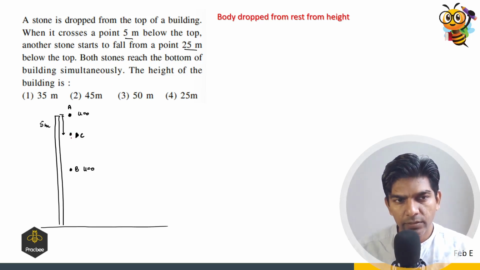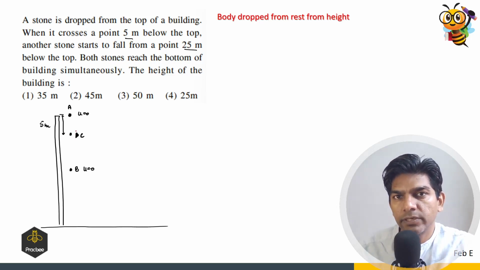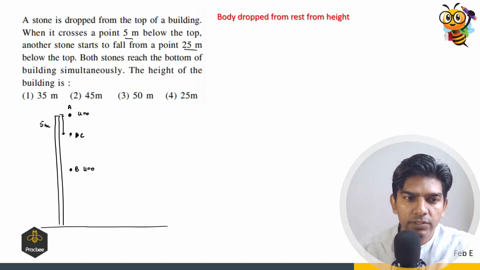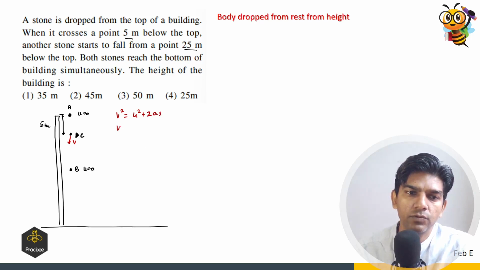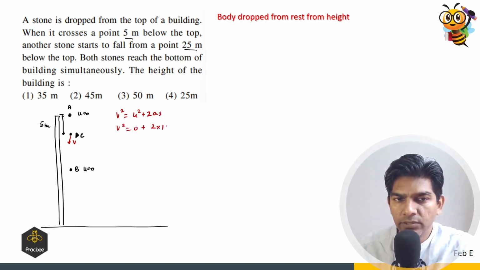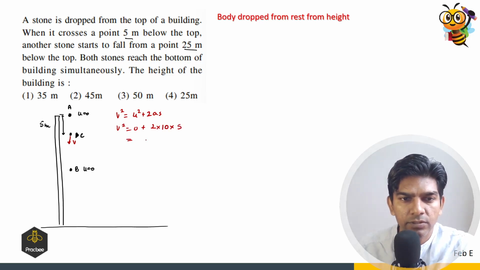So let us first find the velocity of the stone when it has a displacement of 5 meters. Let me call this velocity v. So v square is equal to u square plus 2as can be applied. So v square is equal to 0 plus 2 times g, I'm taking g as 10, and this is h, right? So this comes out to be 100. So v comes out to be 10.